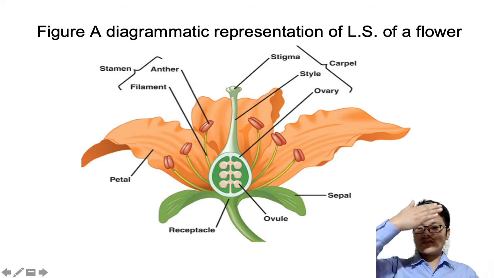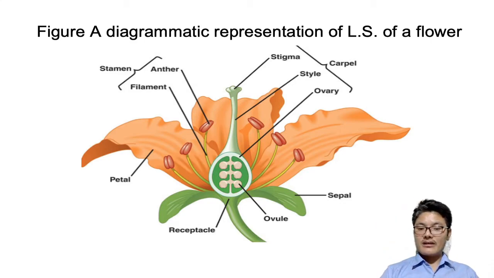Longitudinal section refers to a vertical cut. So if the flower is cut vertically, then we are able to see a structure like this. So this is a diagrammatic representation. If you observe in nature, then you may become familiar with these structures.